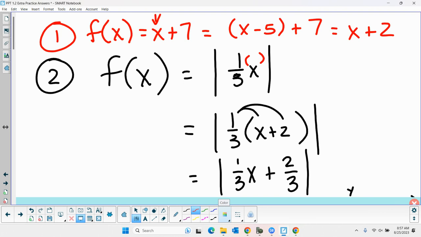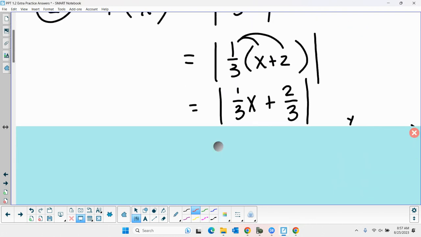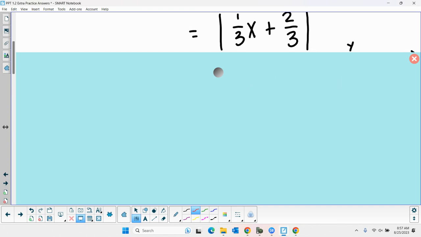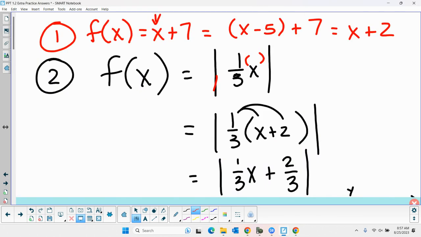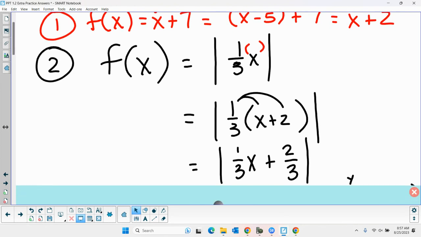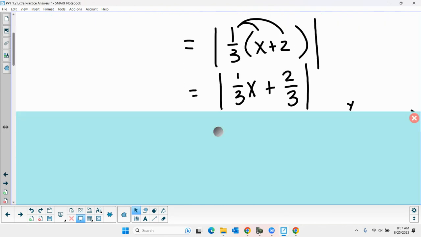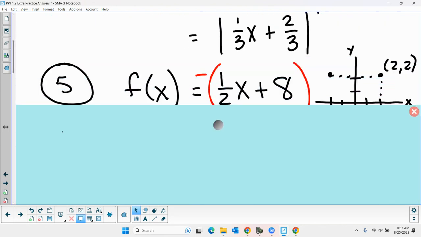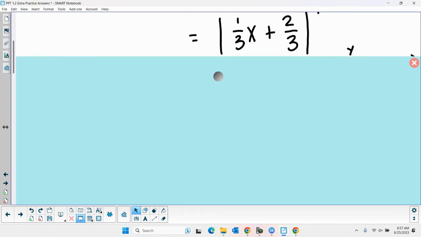All right, number 3, translation 7 units down. That's to the whole thing. So we're just going to subtract 7 on the end of our function. Oh, so number 4 I don't even have. So for 3 and 4, I guess I just added 7.